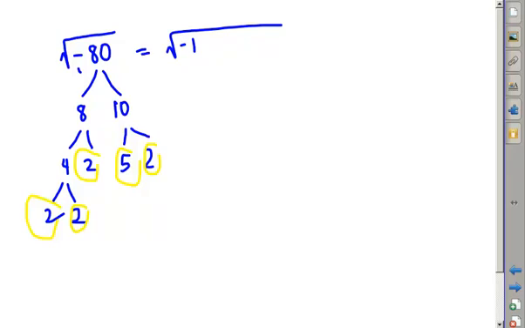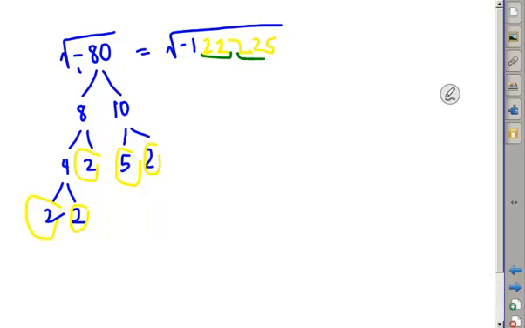So let's put all these back under here. We got 4 2s and a 5. All right, so we have a pair of 2s here.